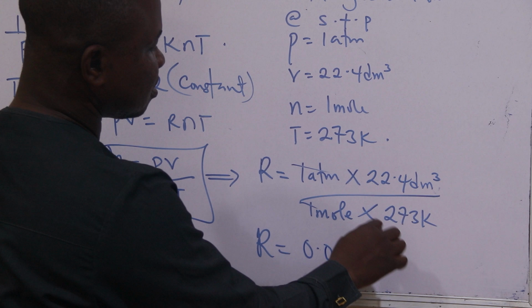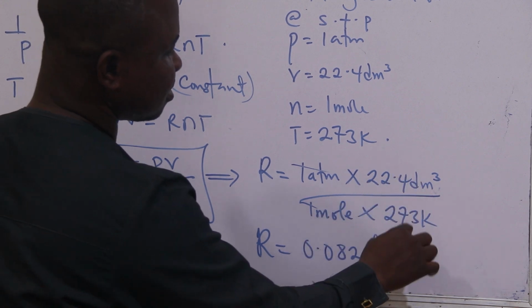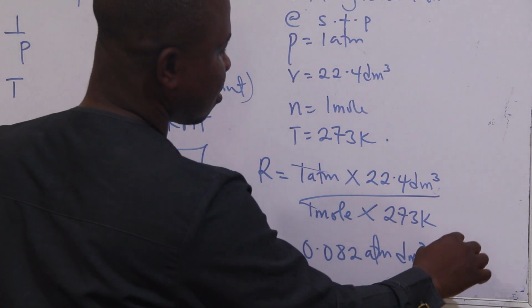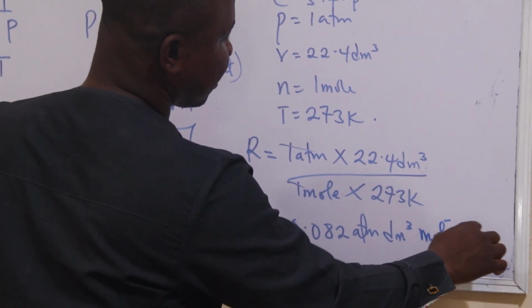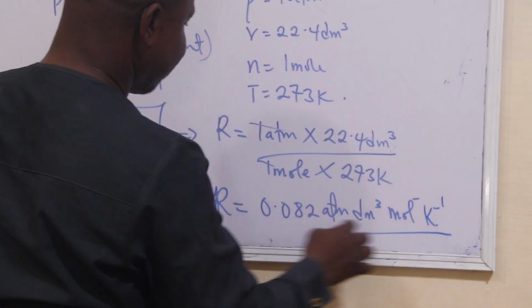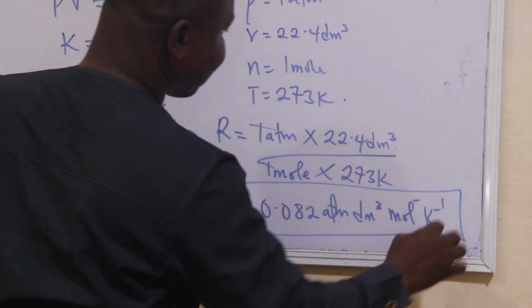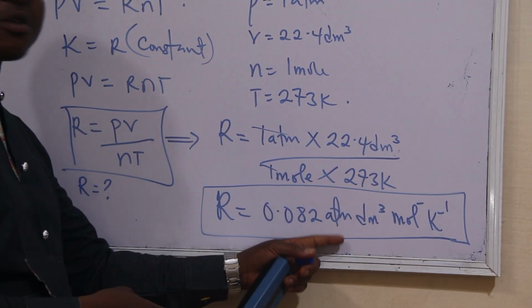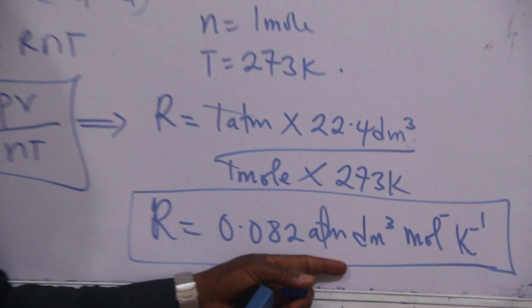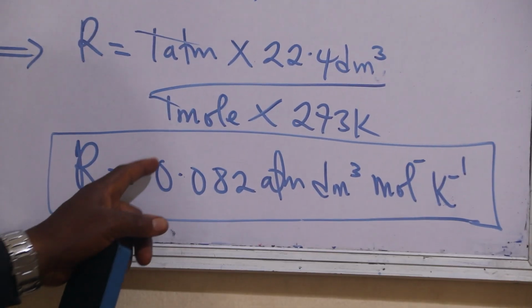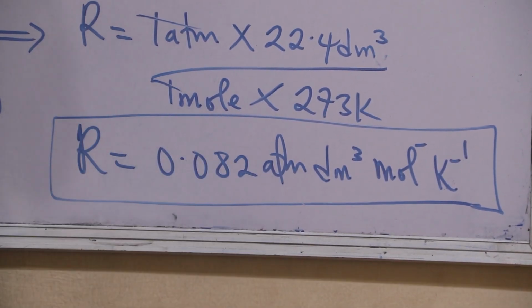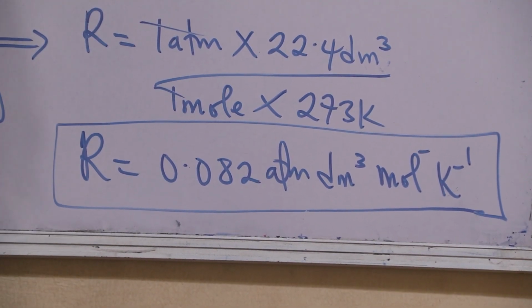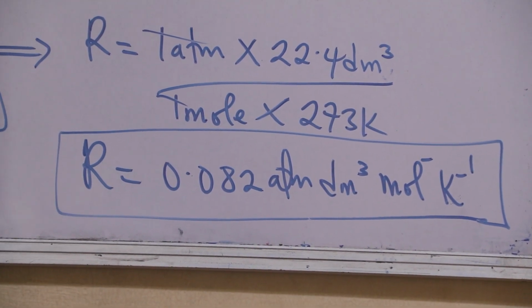The unit becomes atm dm³ per mole per Kelvin. This is how we derive the value of R: 0.082 atm dm³ per mole per Kelvin. Did you get that?